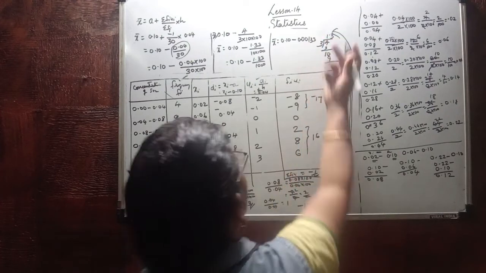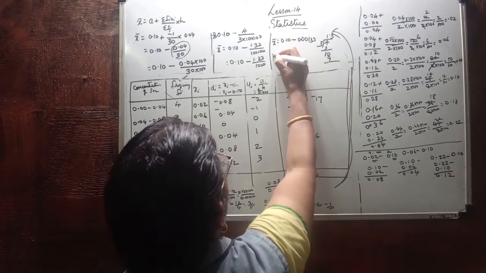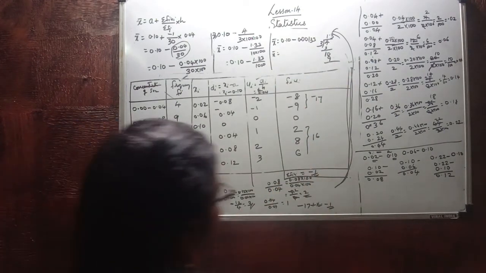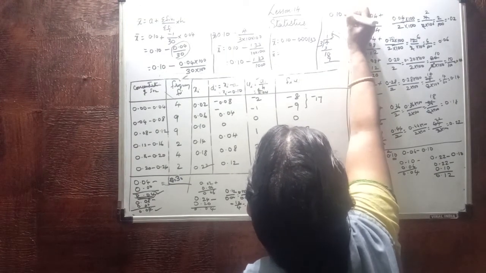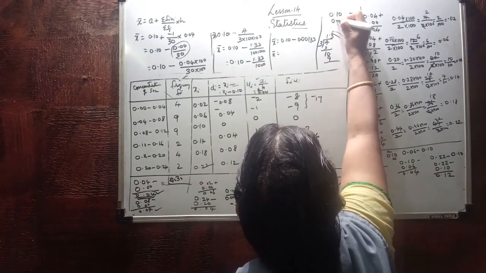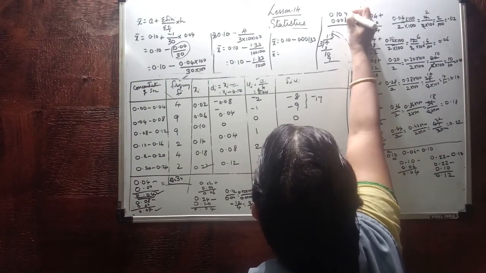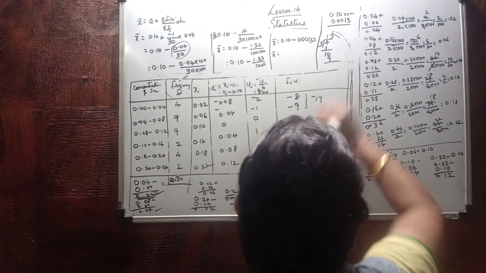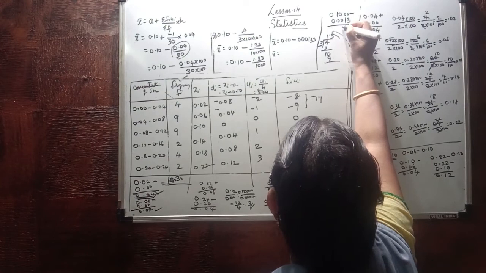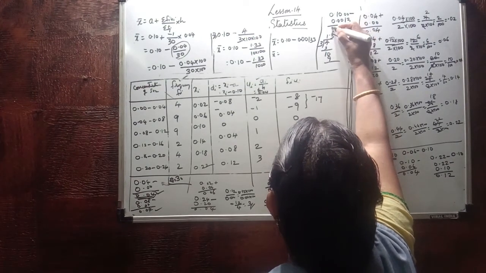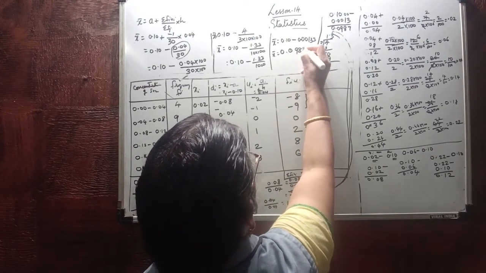Then 3. So here x bar equals, when you subtract 0.10 minus 0.001 here, it will be 0.098788.